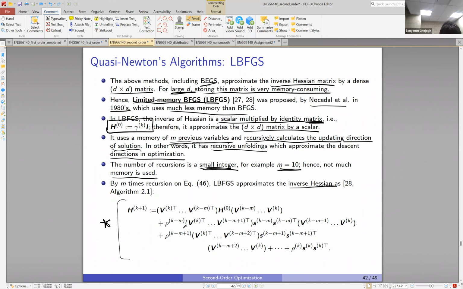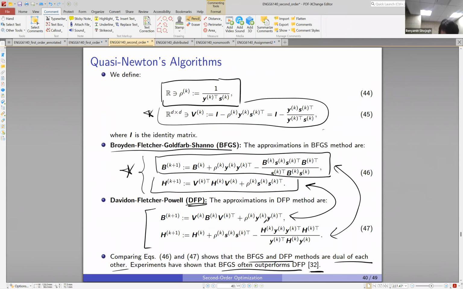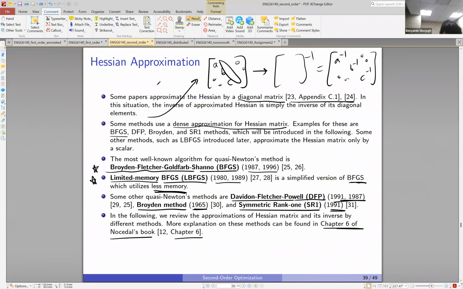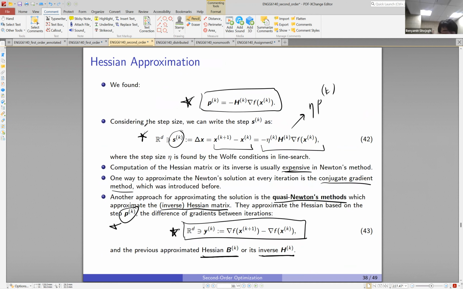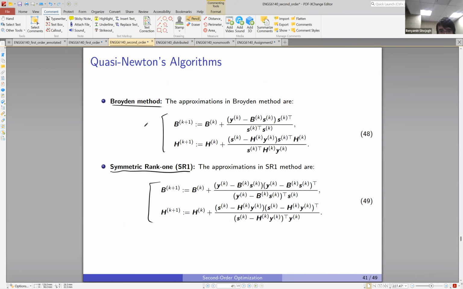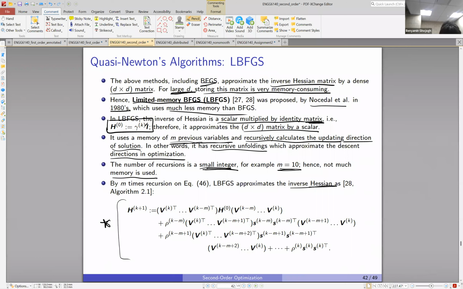And rho and S were also defined here. Rho was here. S was the update here, equation 42. So if you put this in this, as you see, you have m times of recursions, but m is small, and it uses much less memory because it's just a scalar.